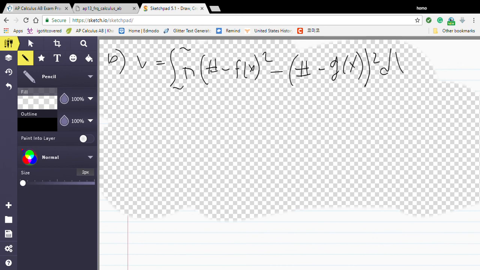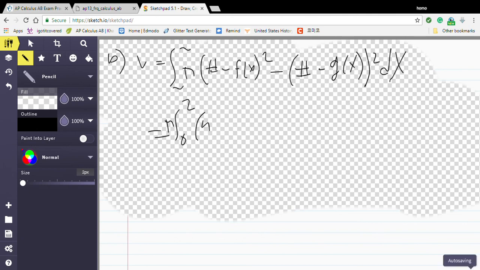squared, dx. So in here our first intersection is 0, our second intersection is 2, and I'm going to bring the pi in here. This is pi, and then our number is 4.